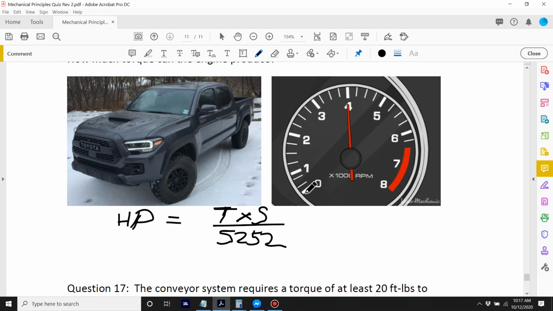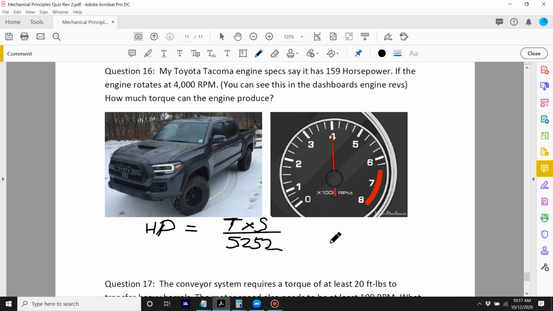Let's zoom in and make it easier for myself. Okay, so we say 159 is equal to T for torque multiplied by 4000 RPM divided by 52. This is just a simple horsepower torque equation.